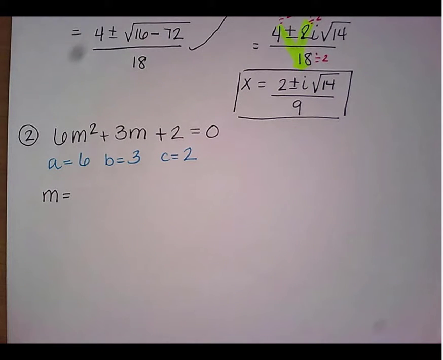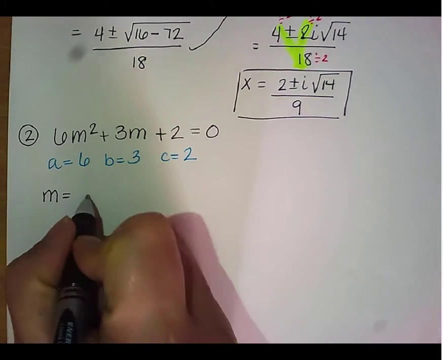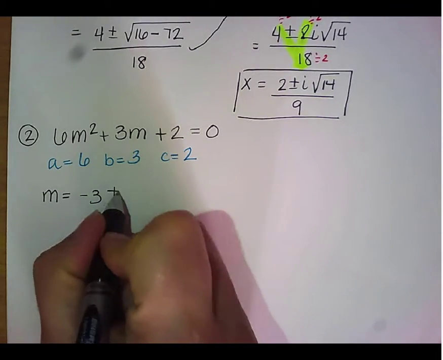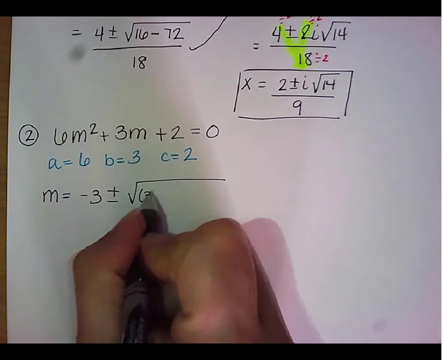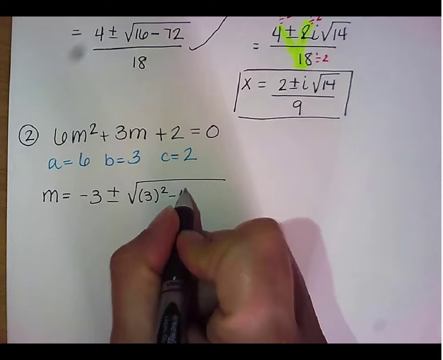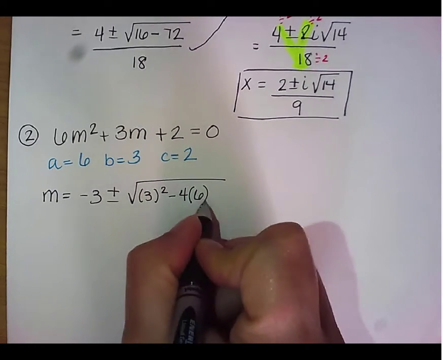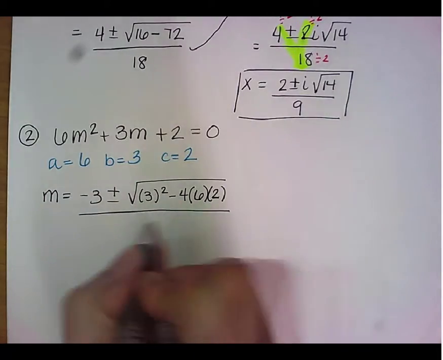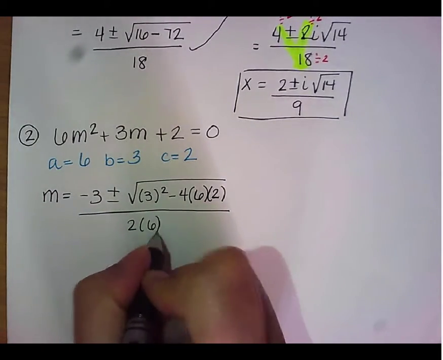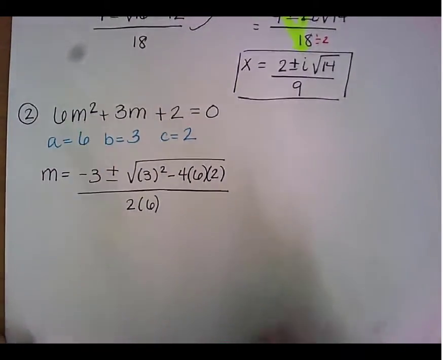So we're going to go with that. And we got negative 3 plus or minus the square root. We've got b squared, so that's going to be 3 squared minus 4 times 6 times 2 all over 2 times 6.